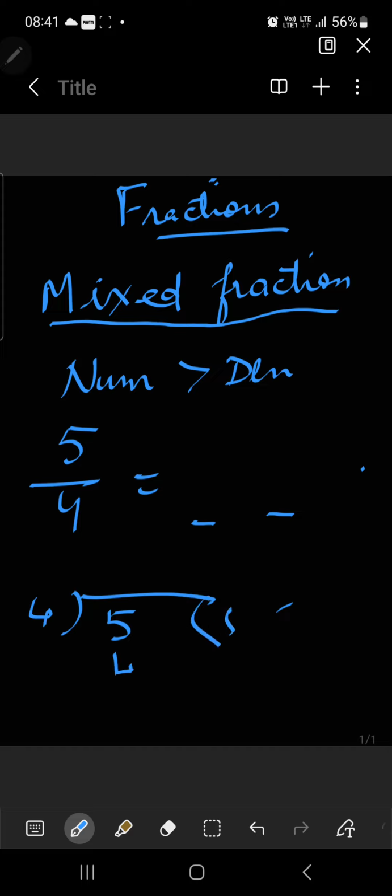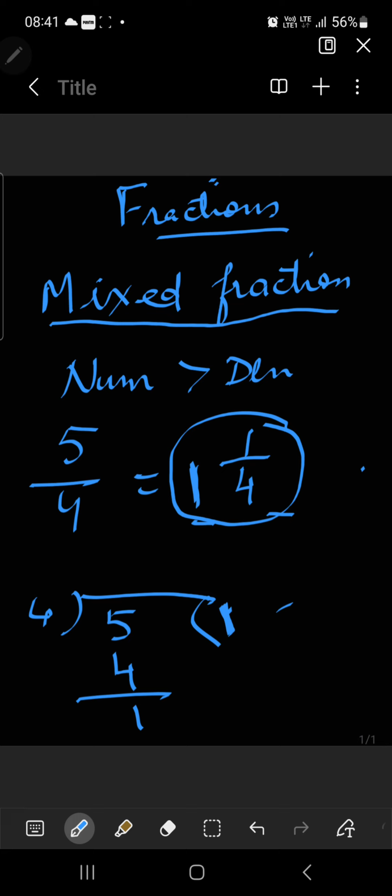You will get 1 here. So your answer would be 1. The whole number which will come is 1. Your remainder will go in the numerator part and your denominator remains same as 4. So this is the way of writing any improper fraction as a mixed fraction.